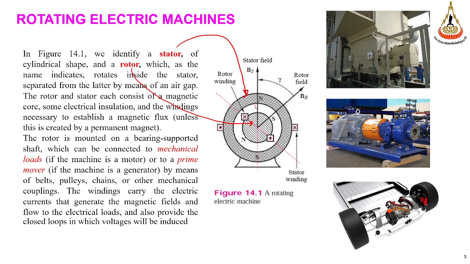Motor, generator, DC motor, induction motor usually have two parts, stator part and rotor part. Stator means non-moving, and rotor is the moving part, the rotating part.